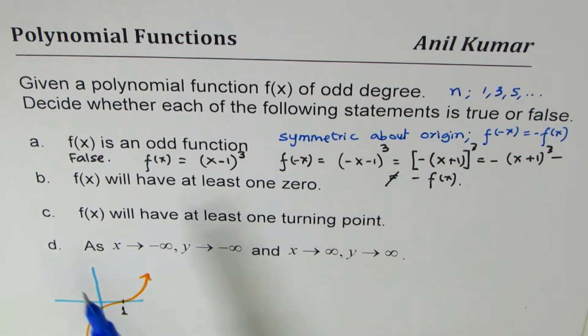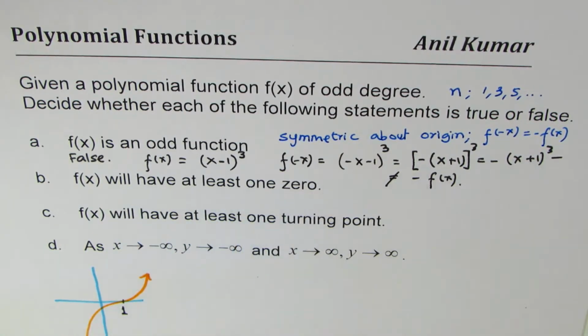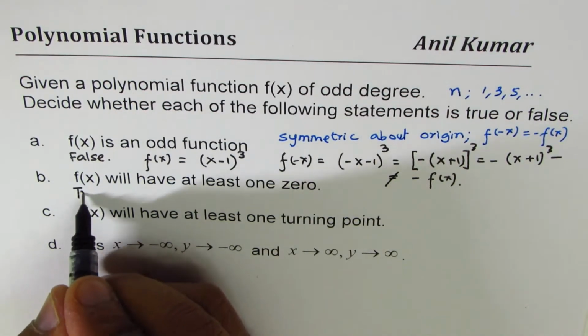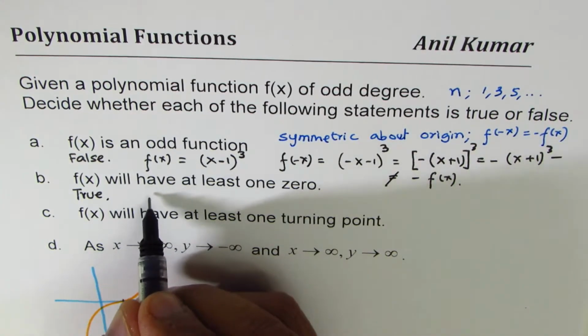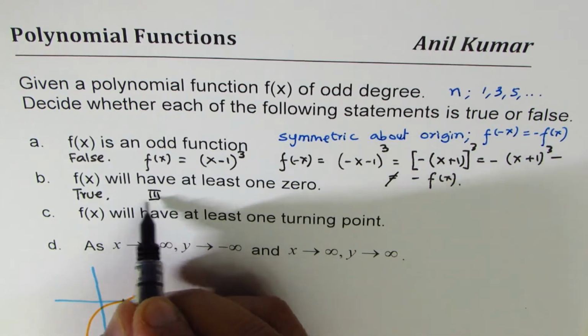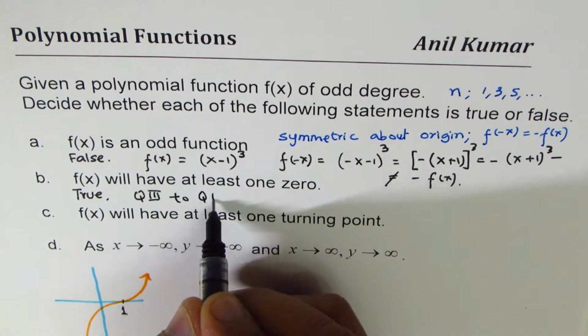Let's move on to the next one, which is f of x will have at least one zero. Well, this statement is true, since odd degree functions will either move from quadrant 3 to quadrant 1.